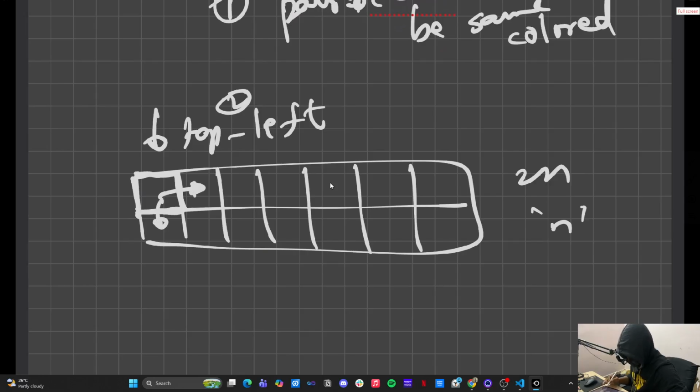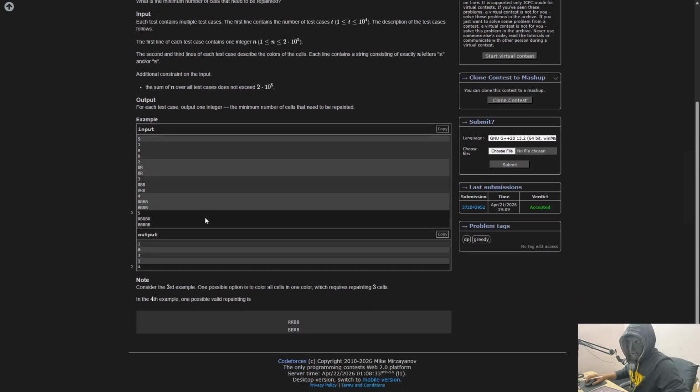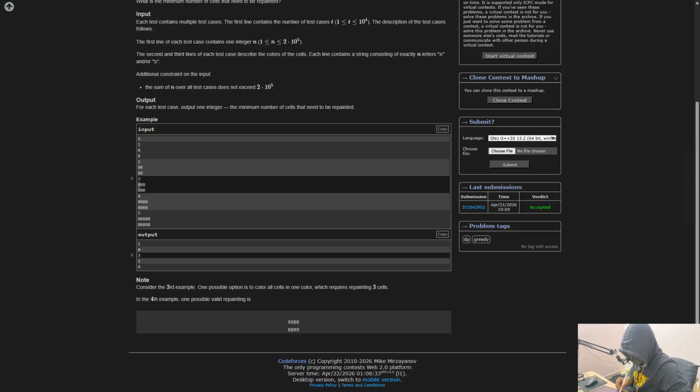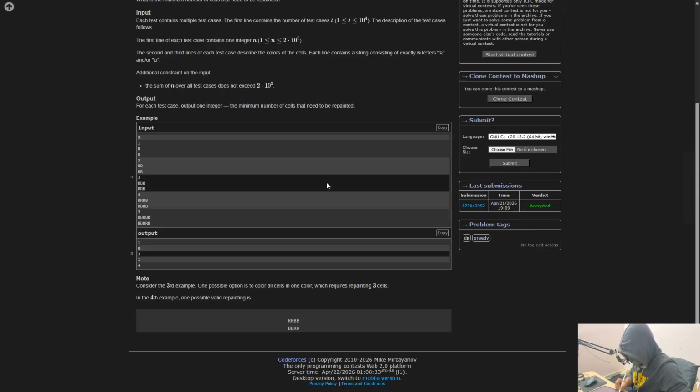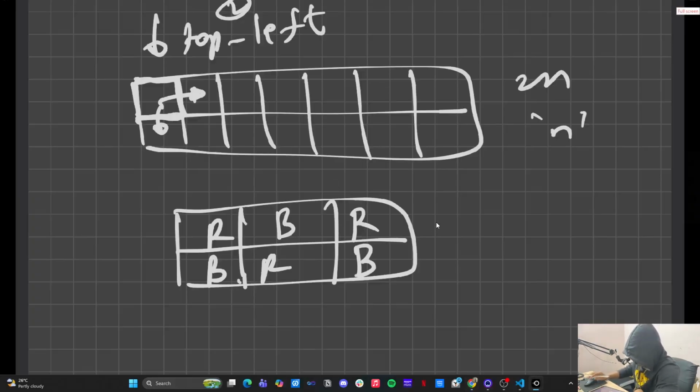So how can I make a pair? Let me take an example. We have red, blue, red on top, sorry, black, red, black on the bottom. Now this is red, so I can either make a pair with this or with this.